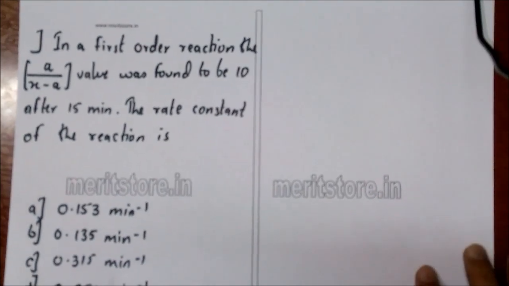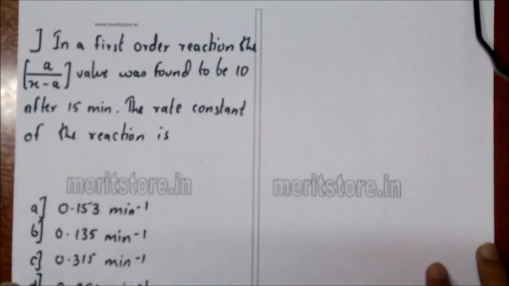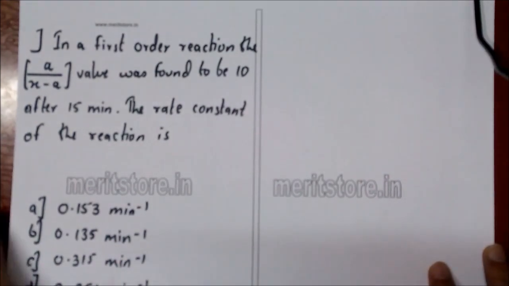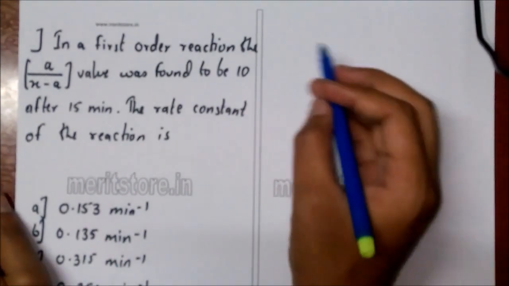In a first order reaction, A upon A minus X value was found to be 10 after 15 minutes. The rate constant for the reaction is A 0.153 per minute, B 0.135 per minute, C 0.315 per minute, D 0.351 per minute. So this is a first order reaction.